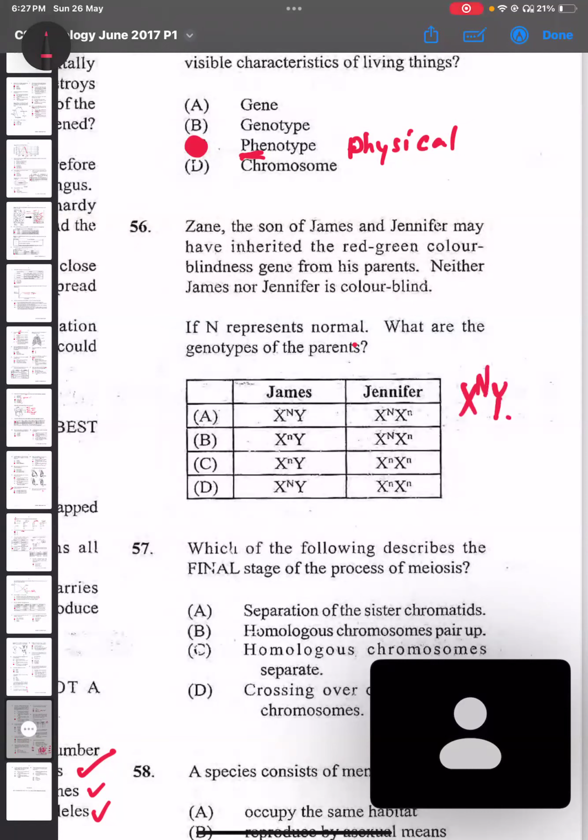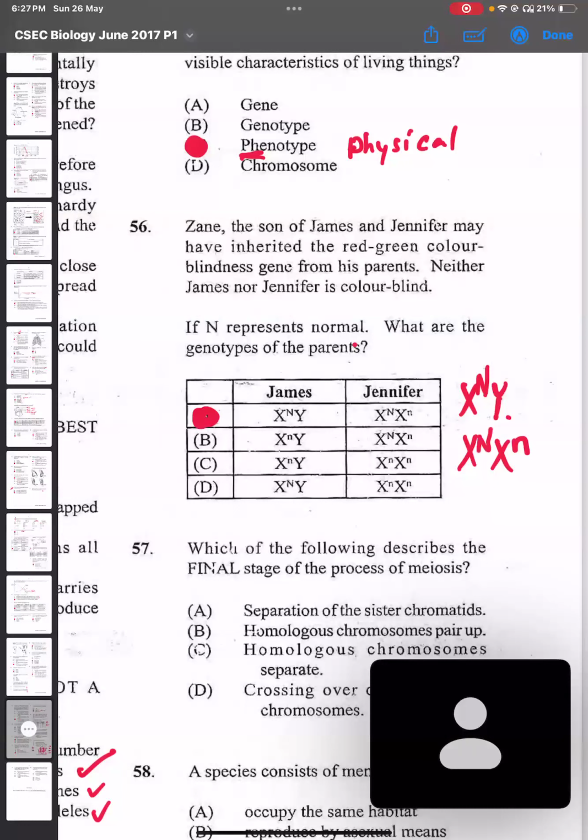The mother, even though she's not colorblind, has two X, so she can carry two genes for colorblindness. We know that she is not colorblind herself, so she would have this one. But the possibility that he got the gene from his parents would mean that she would have this, the recessive allele for it. So that is why your answer would be A.